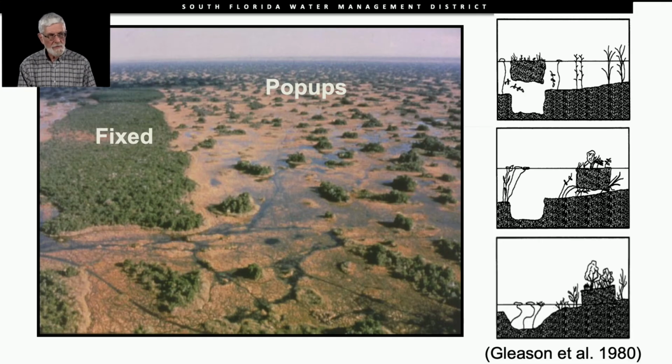the Loxahatchee Refuge has two types of tree islands. It has a fixed or pedestal type of tree island that is sitting up high on a rock pedestal, and you have these pop-up systems as well. And these pop-ups are unique to Loxahatchee because it is a deeper environment than the rest of the system. It used to be more of a lake type environment historically, and we are trying to keep it at higher water levels.